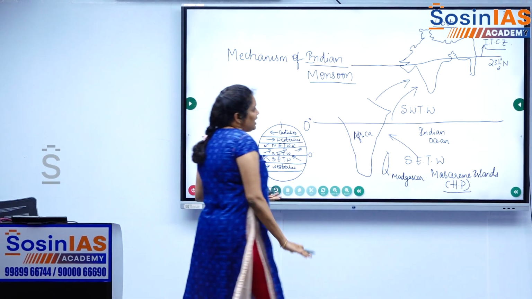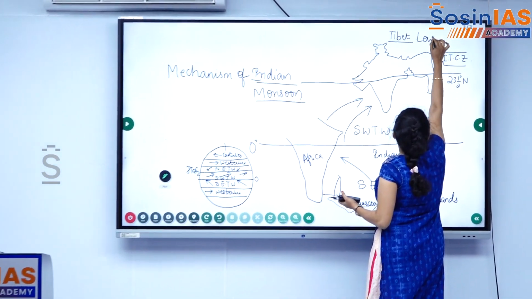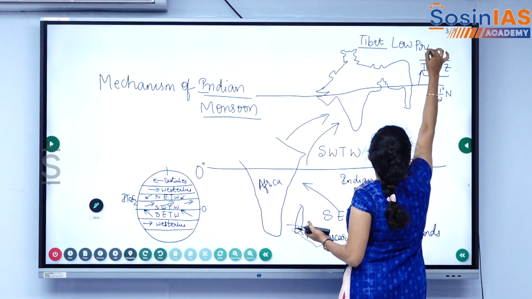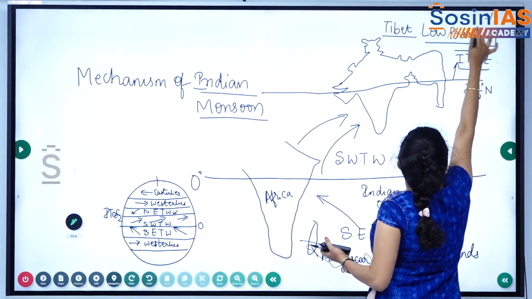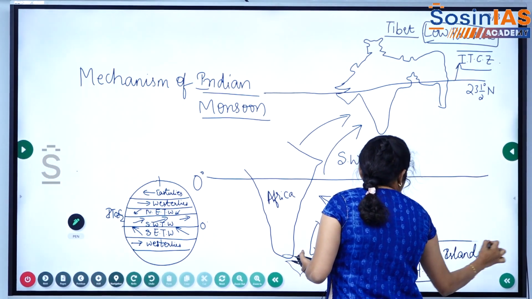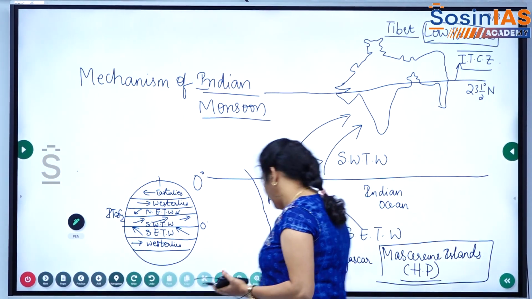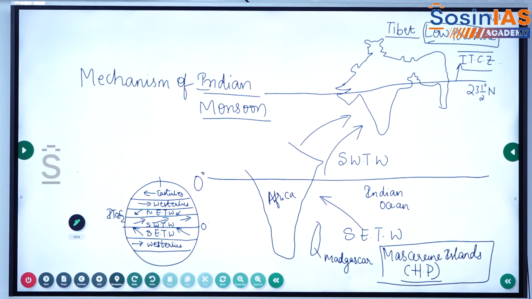So what happens is that there will be a low pressure near or above the Indian subcontinent. Okay, from ITCZ to Tibet region, and you will have high pressure near the Mascarene Islands. Okay, so we see that the mechanism of Indian monsoon can be explained with the help of Mascarene high pressure and Tibetan low pressure. Okay.